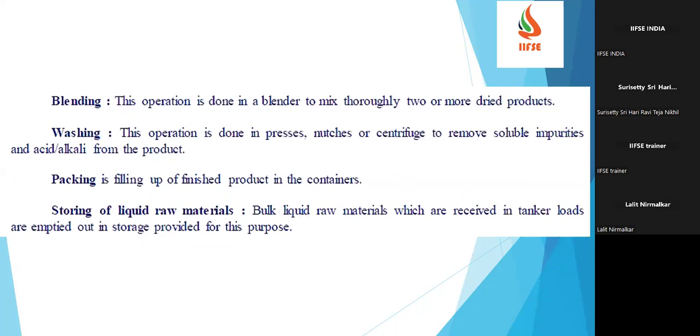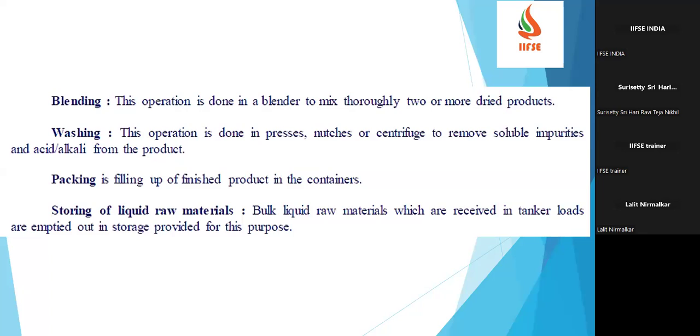Then blending. This operation is done in a blender to mix thoroughly two or more dried products. And washing. This operation is done in a press, nutsche or centrifuge to remove the soluble impurities and acid or alkali from the product. Then packing.